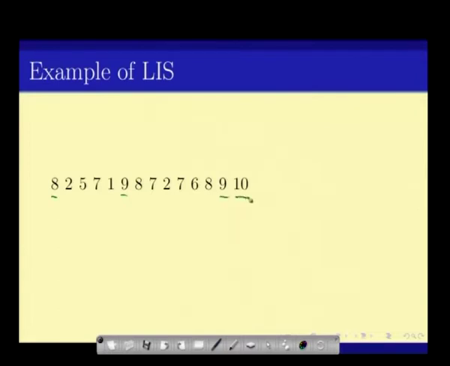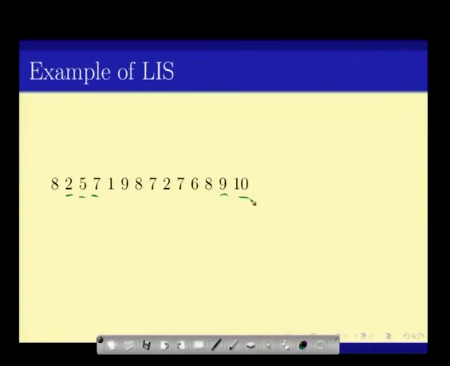This is an increasing subsequence because I have picked up elements from this sequence and it is increasing: 8, 9, 9, 10. Similarly, I can have some more, for example, say 2, 5, 7, 9 and 10. This can also be an increasing subsequence.